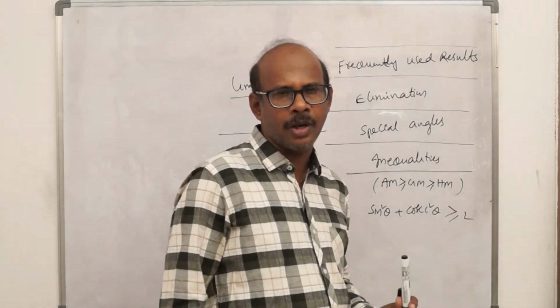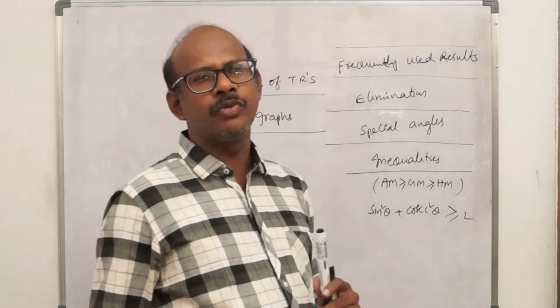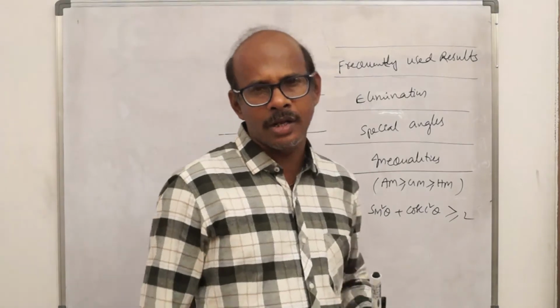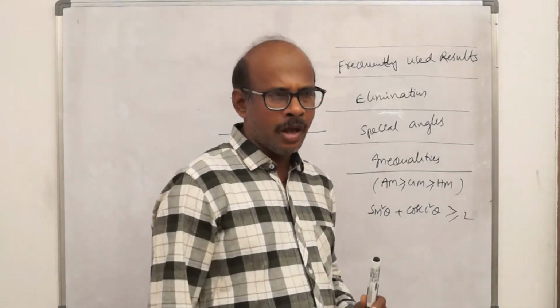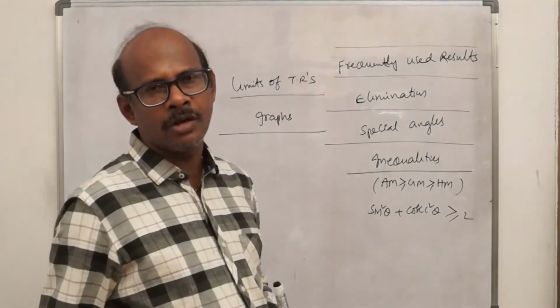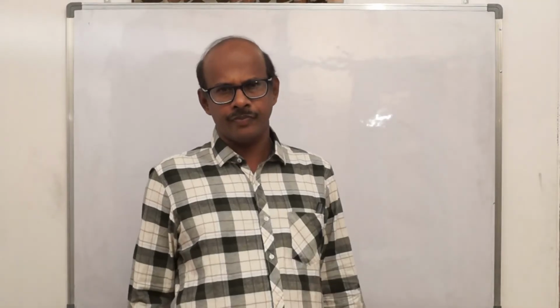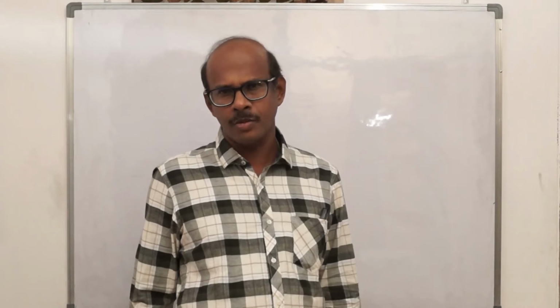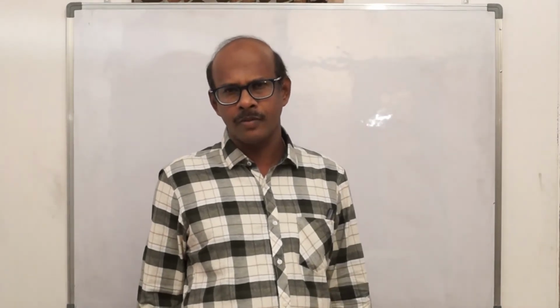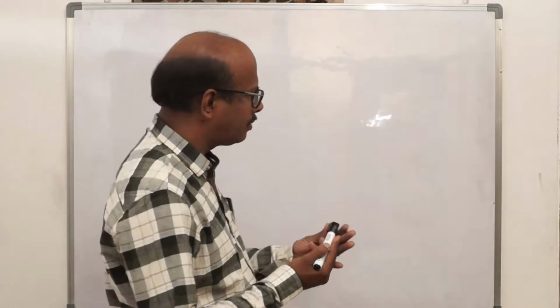Not only that, trigonometry is useful in many more branches. In calculus, the utilization of formulae, each and everything is linked with the function. Trigonometry is nothing but a function. That is our discussion about the trigonometric ratios chapter, right angles.